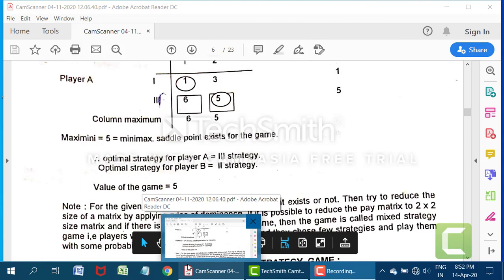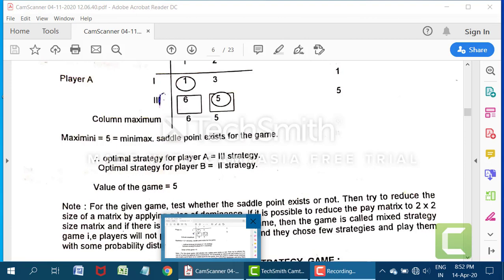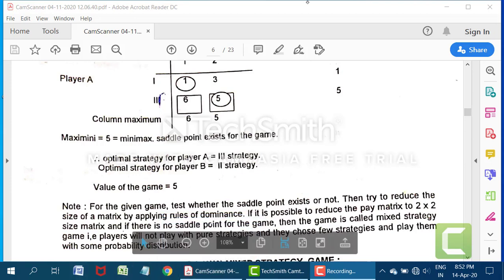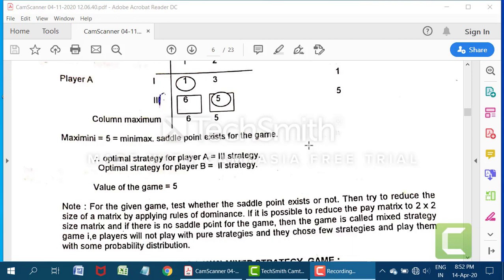When the payoff matrix is 2 by 2 size, go for the arithmetic method. If it is 2 by n, 2 rows and n columns, then the graphical method, or m rows and 2 columns, that is also a graphical method. You can employ the graphical method to solve such games.